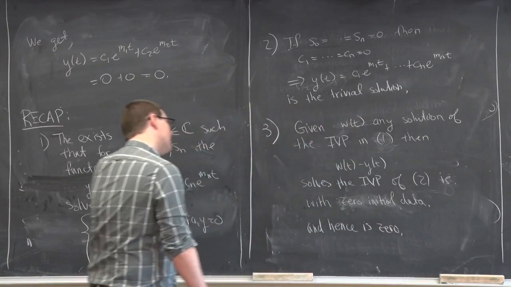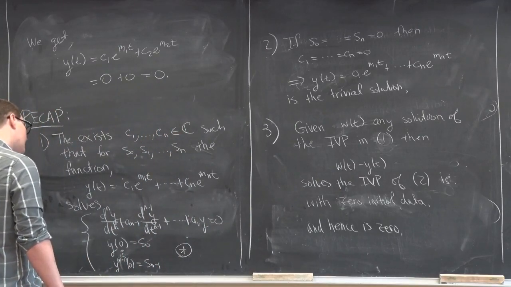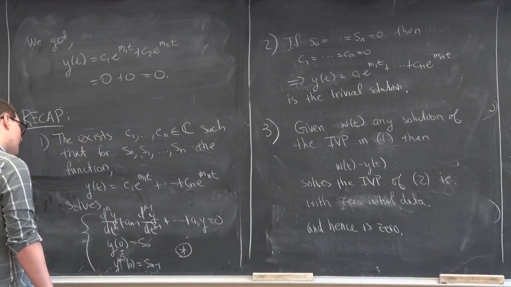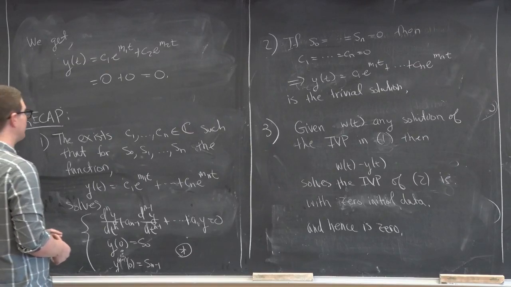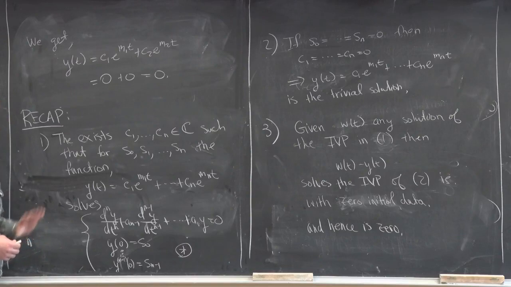I guess I need to show that the 0 solution is unique, but I'll punt that for now. So maybe I'll say something about this in a little bit. But this is kind of the procedure for uniqueness. Does this make sense? More or less? Okay. All right. So let me say some other things.